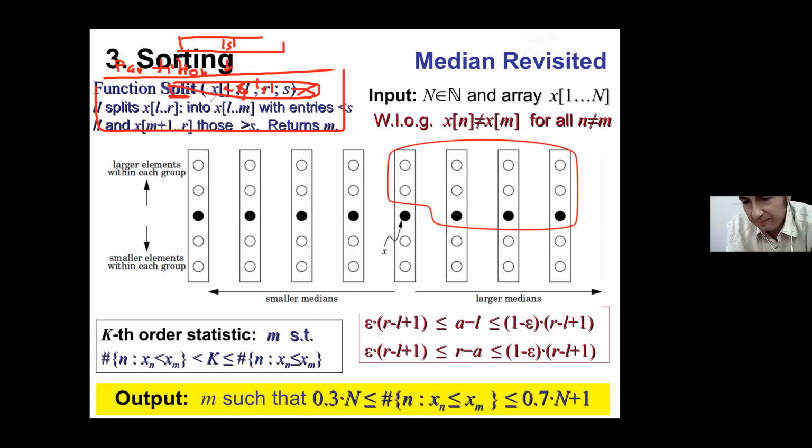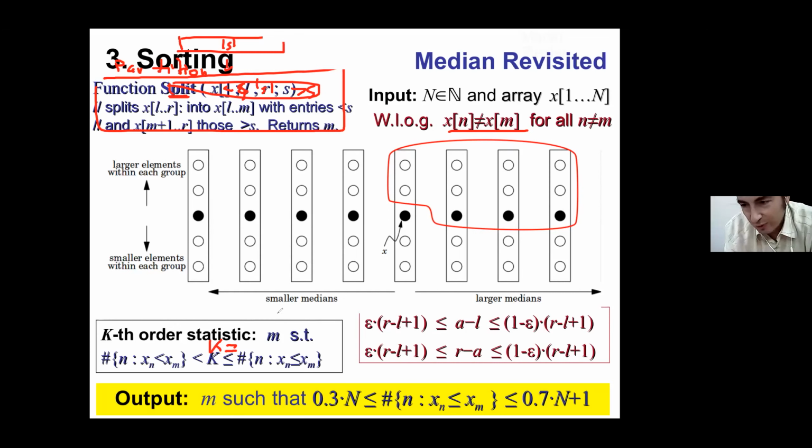And then we need the order statistics. By assuming that there are no duplicate elements, which is only a small technical problem, we said that there is a unique element for every k, so that there is no ambiguity in the order statistics. So we need the partition, and we need the order statistics.